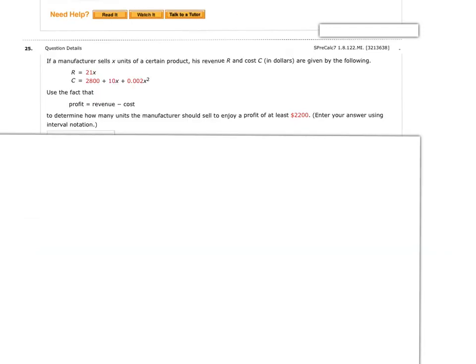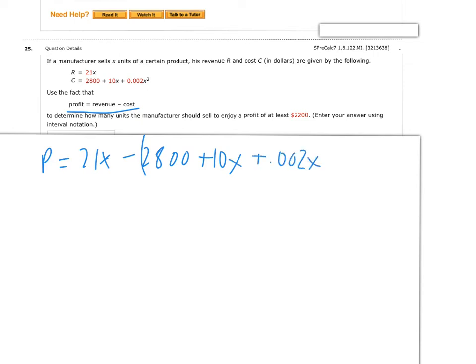All right, next up here they gave me the revenue and the cost, and so you use this formula really quick, so I know that my profit is going to equal 21x minus 2,800. Oh, and I'm going to have to distribute this negative here, so I'm going to do that. And so to simplify that, I'm going to call this negative 10x, negative 2,800, and a negative 0.002x squared.